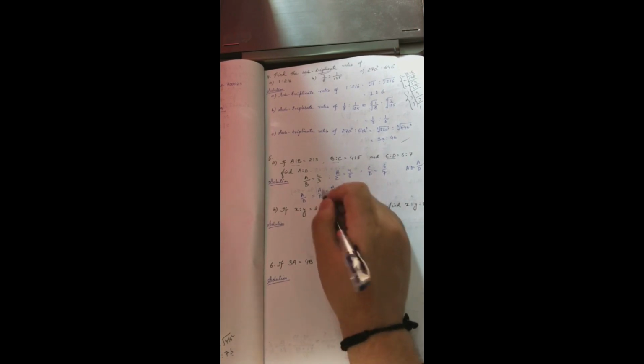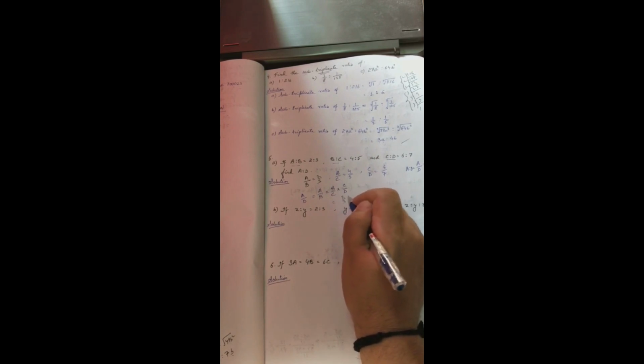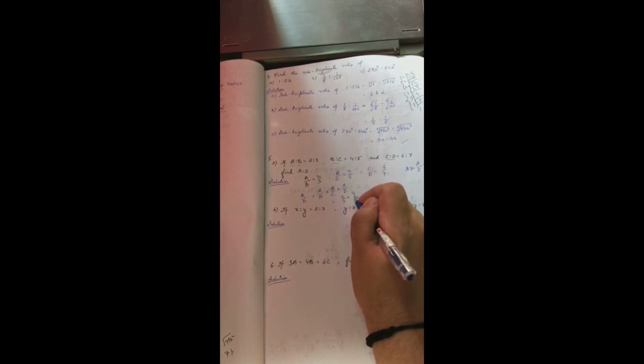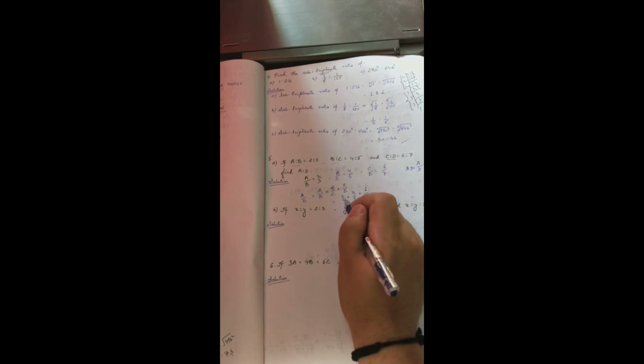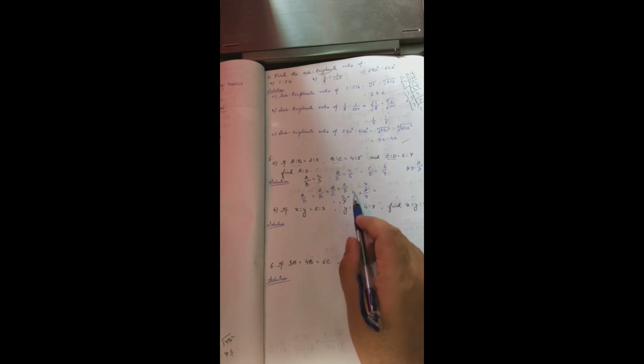So a by b is how much? 2 by 3. B by c is 4 by 5 and c by d is 6 by 7. Now let's cancel 3 with 6. 3 will go 2 times, and nothing else is getting cancelled. So 2 4s are 8, 8 2s are 16, and 7 into 5 is 35. So therefore we can say a is to d will be 16 is to 35.